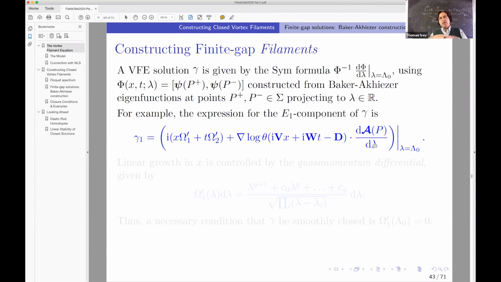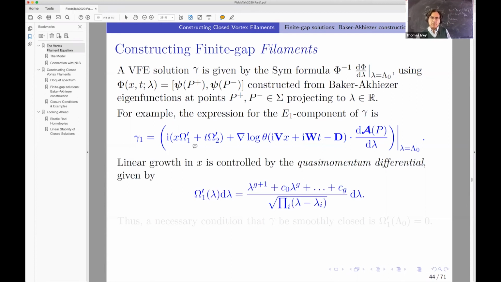But the point is, if you want something that's periodic in three-dimensional space now, this is no problem if the theta is already periodic in X. So this will be periodic in X, but you really have to watch out for this linear growth here. This will not be periodic.